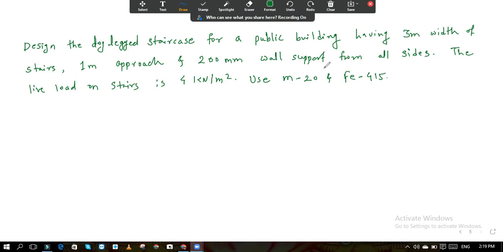Take the floor to floor height as 3.6 meter.